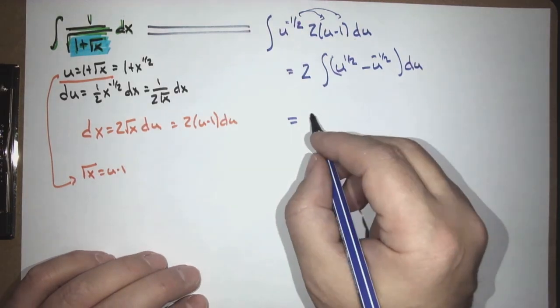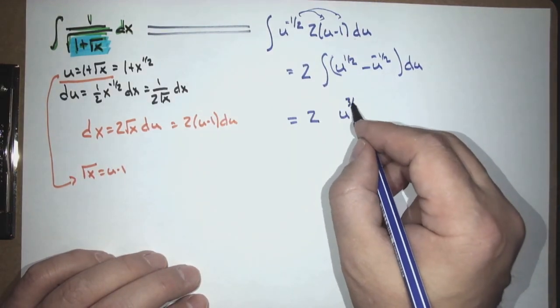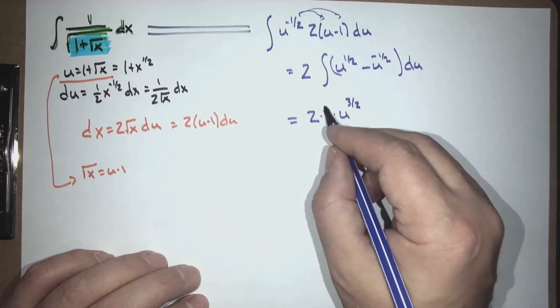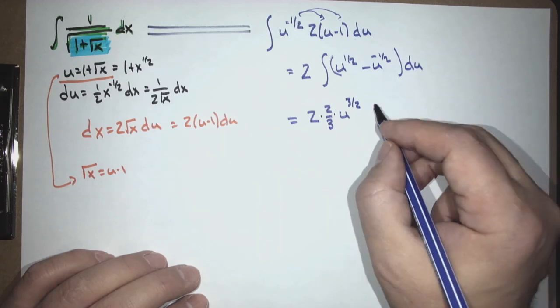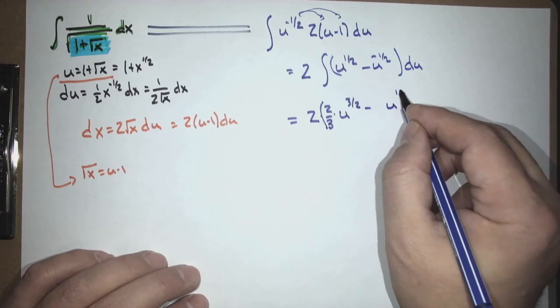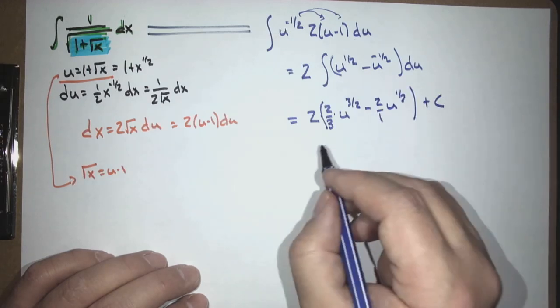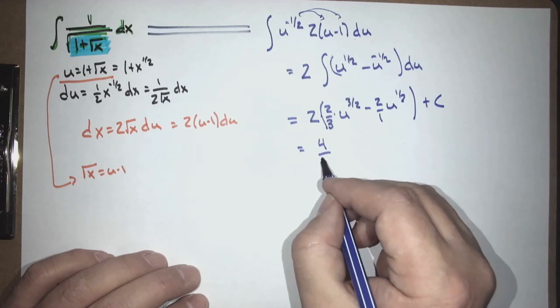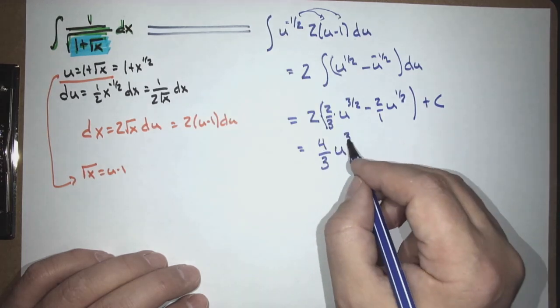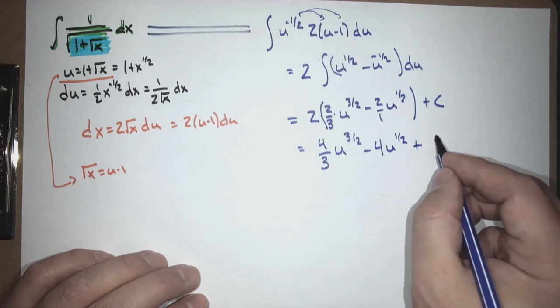All right, so finishing up, because we're basically out of time, add 1 to the exponents, so 3/2, multiply by the reciprocal. Do the same thing with the other one. Add 1, u to the 1/2, multiplied by the reciprocal, 2 over 1. Add c, so 4/3 u to the 3/2, minus 4 u to the 1/2, plus c.